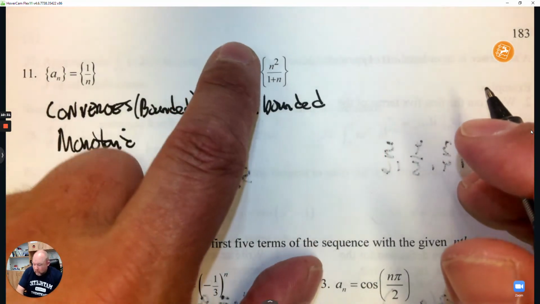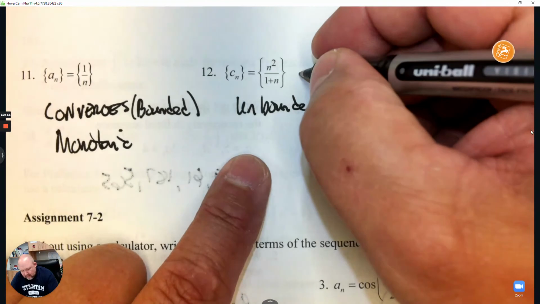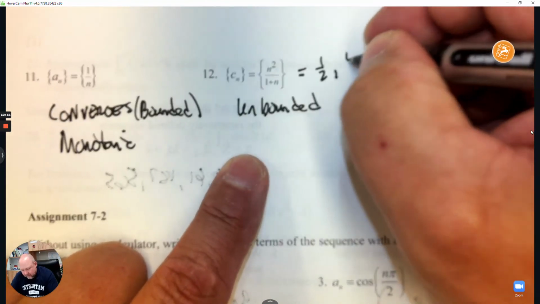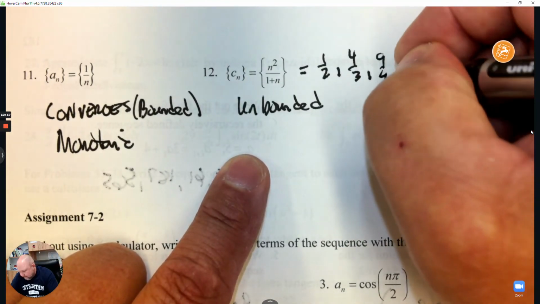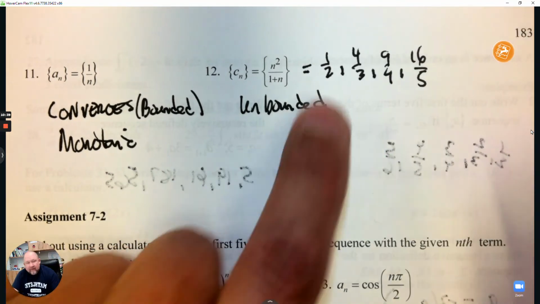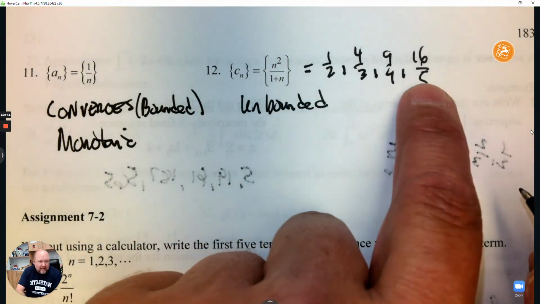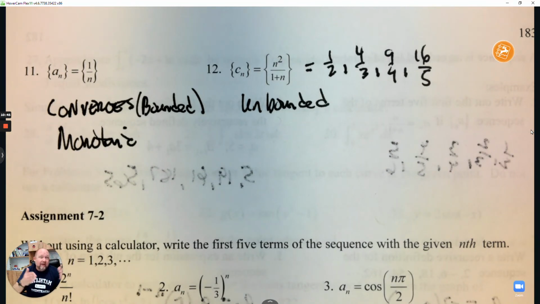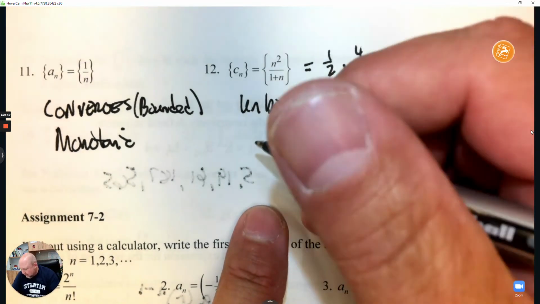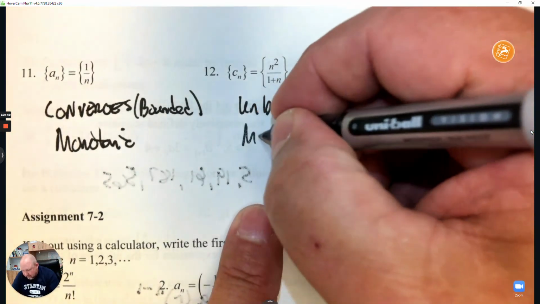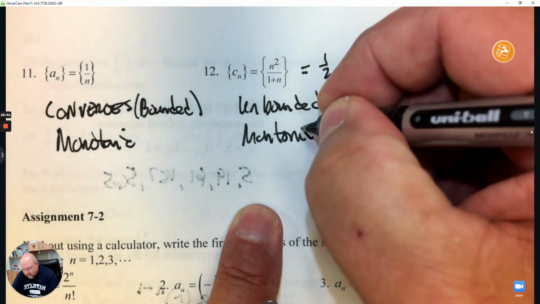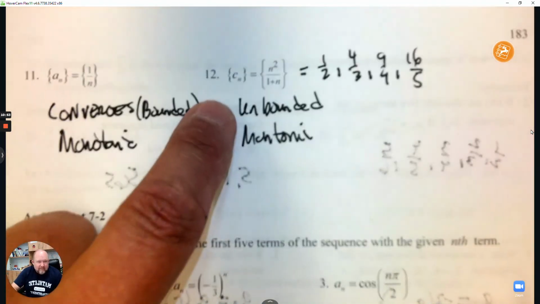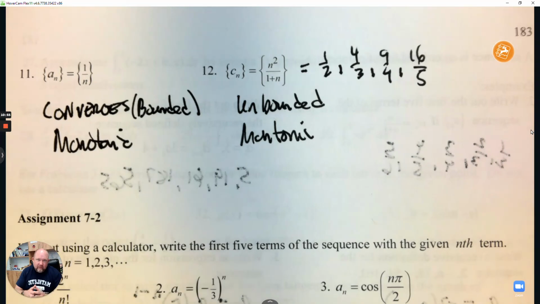As you put in 1 and 2 and so on, you put in 3, you put in all these numbers, these numbers keep going up and up, all the way to infinity. Sorry, this is monotonic because it's only increasing. Monotonic, but it's unbounded because it doesn't converge to an answer.